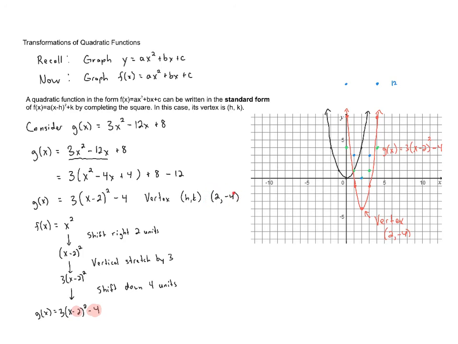So this matches exactly what we had before. All right. The vertical stretch doesn't actually end up changing the vertex. It doesn't affect that. So that doesn't end up mattering. It's really these shifts that end up choosing where the vertex goes. And so that is why we can read what the vertex is just by looking at the standard form of the equation.